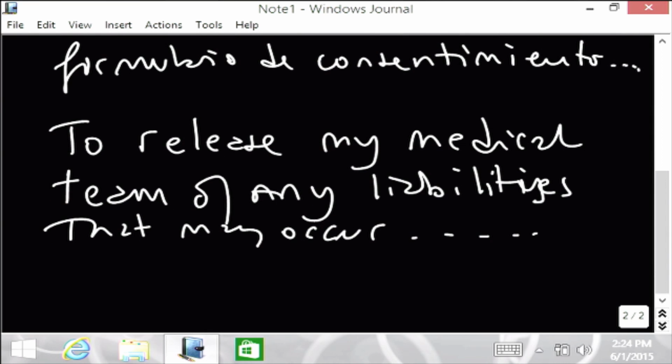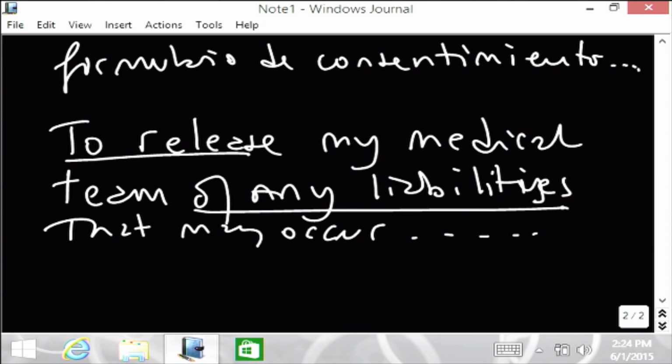The key here is to release of any liabilities. Now, this "to release," we know that release means, among other things, "dar de alta," to discharge, but not in a document that ends like this.